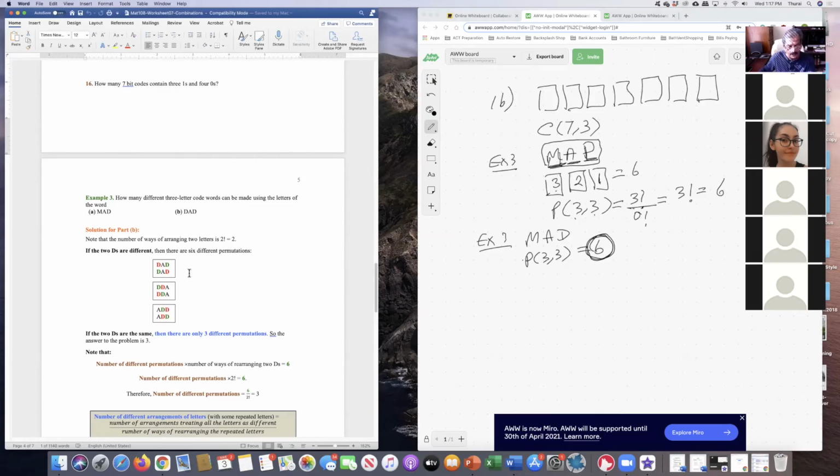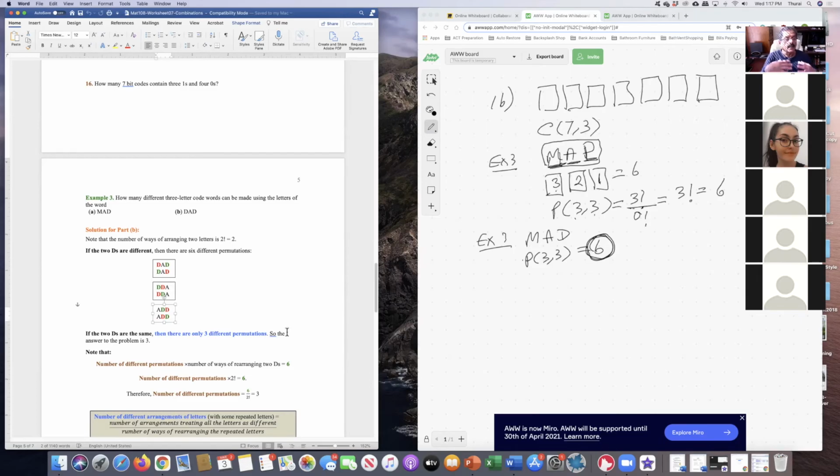But because the D's are same, the DAD with the green D at the end or green D at the front, these are actually same words, right? These two are actually same in this first box. And second box, these two are same. And these two are same because the D's are same letters.